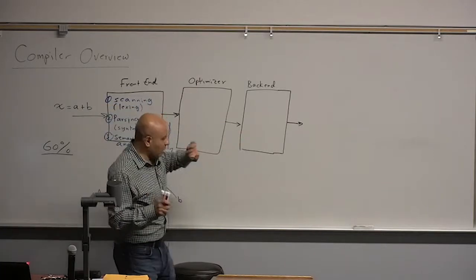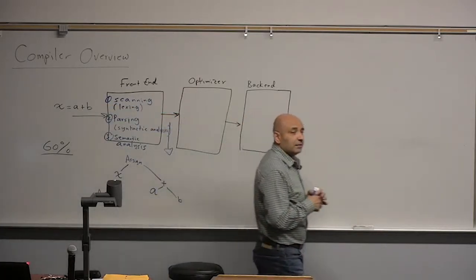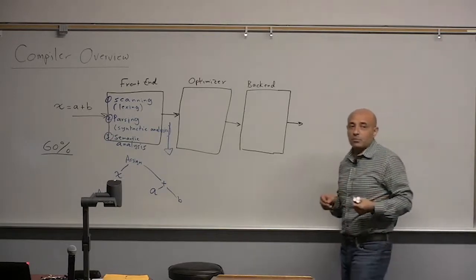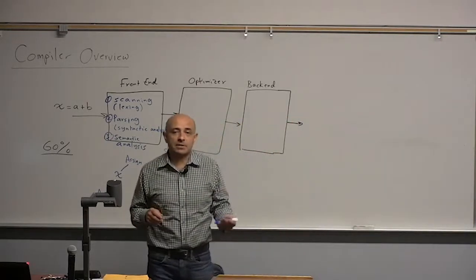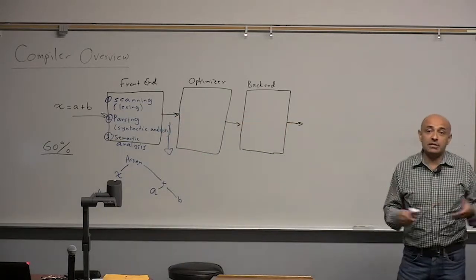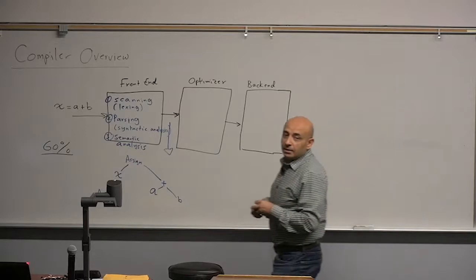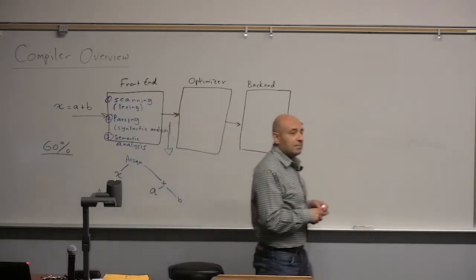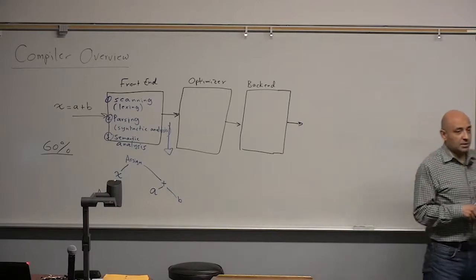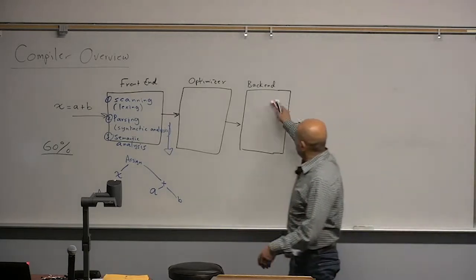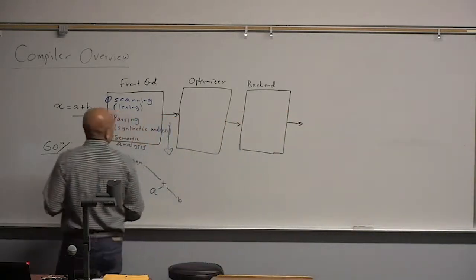Maybe I should note here that many compilers generate code for multiple machines, multiple processors, multiple targets. The extreme example is GCC. The GCC compiler generates code for many, many different machines and processors. So it's one compiler that generates code for many different processors, which means that the back end is complicated.